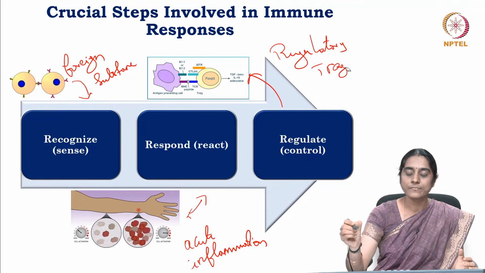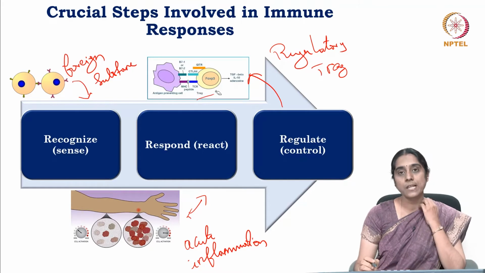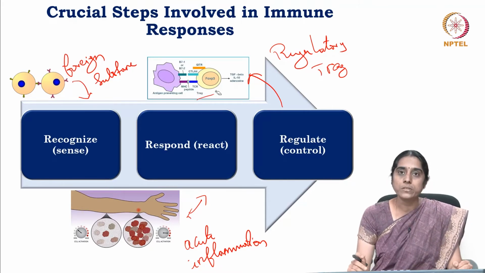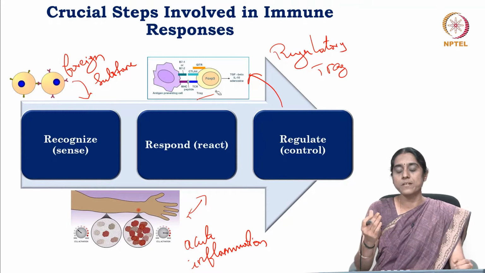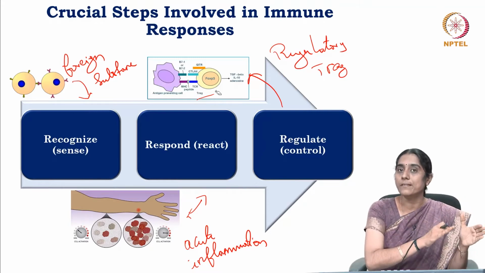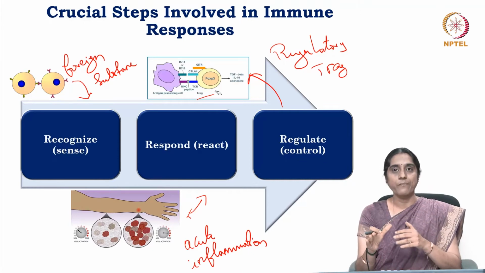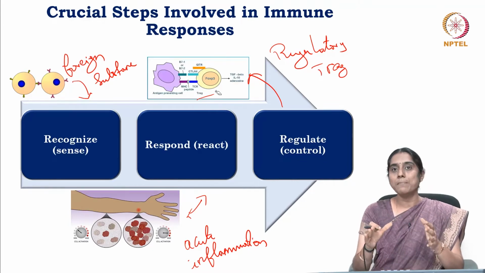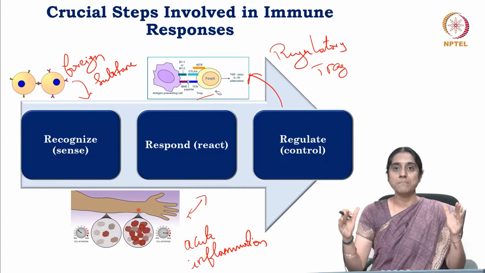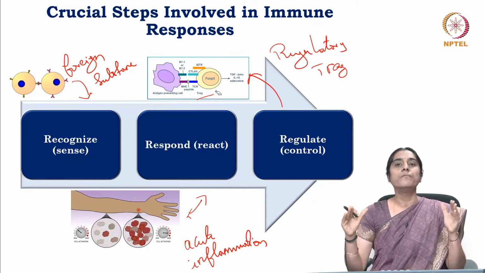Okay. So these cells have certain molecules which are expressed, and they will suppress the activated macrophages or other effector T cells. So this is the general mechanism by which the immune system functions.